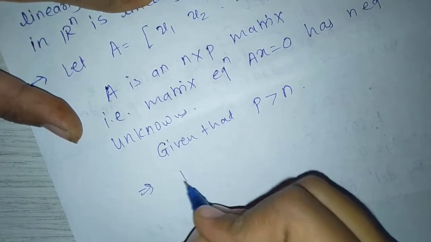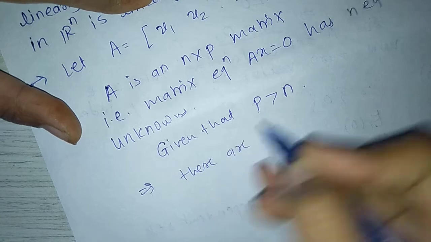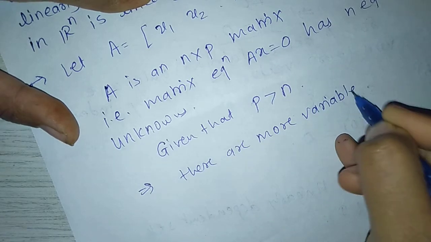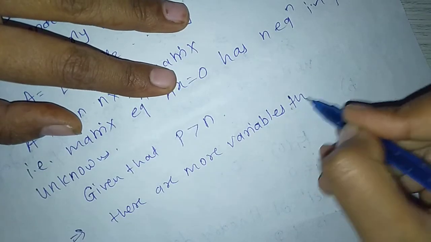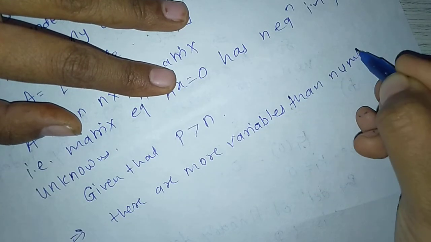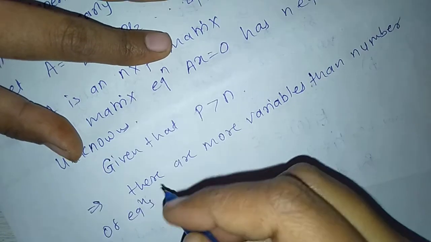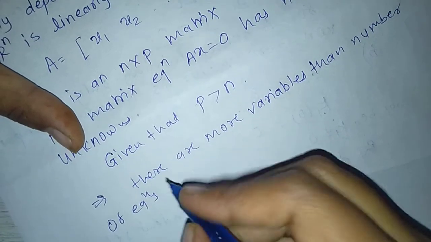This implies there are more variables than the number of equations, so there must be a free variable.